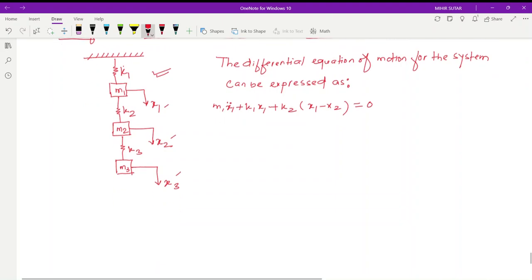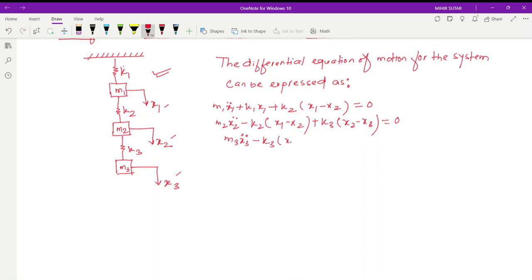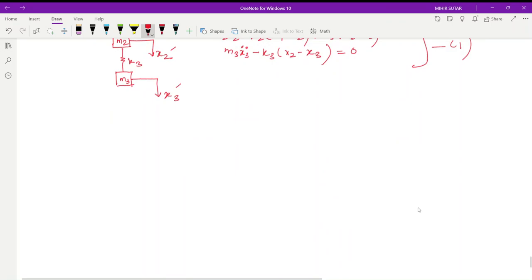Then m2 x2 double dot minus k2 (x1 minus x2) plus k3 (x2 minus x3) is equal to 0, and m3 x3 double dot minus k3 (x2 minus x3) is equal to 0. Let us say it is our first set of equations. Now this equation 1 you can write here.